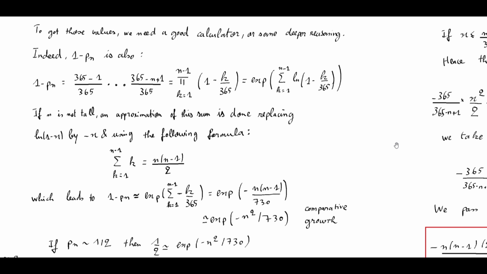If n is not tall, an approximation of this sum is done by replacing ln of 1 minus x by minus x and using the following formula.